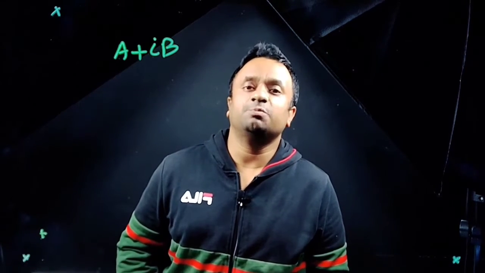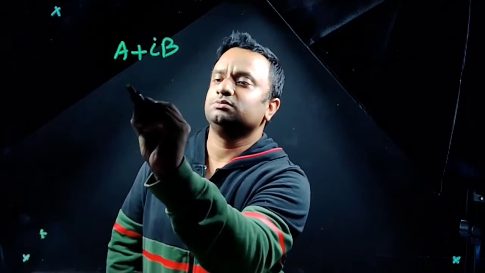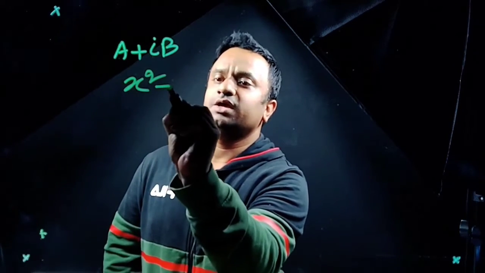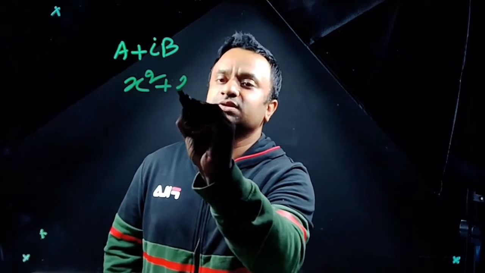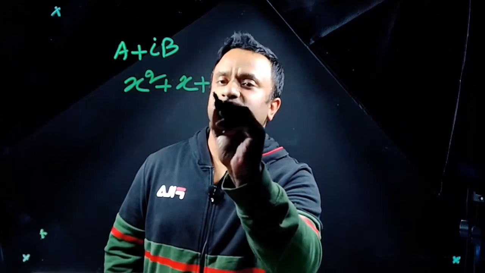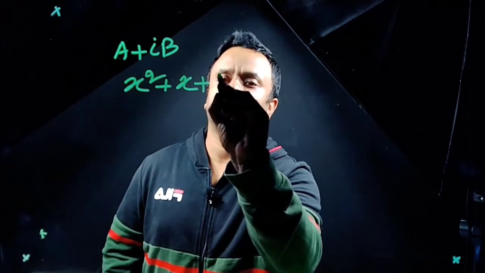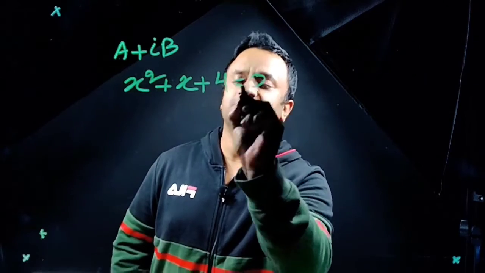Now you can ask, where do we find complex numbers? When we solve quadratic equations, we find complex numbers most often. Let's see an example: x squared plus x plus 4 equals 0.